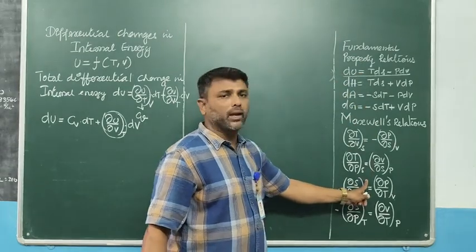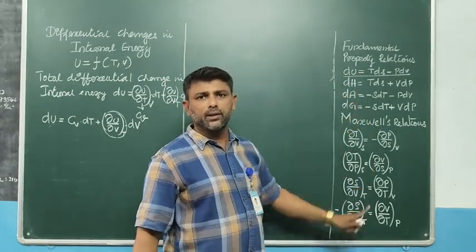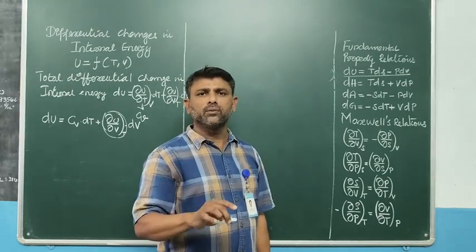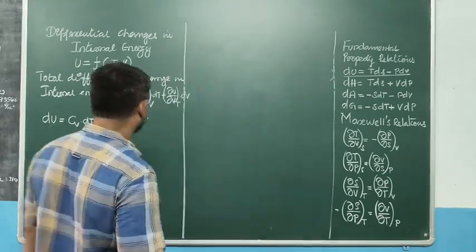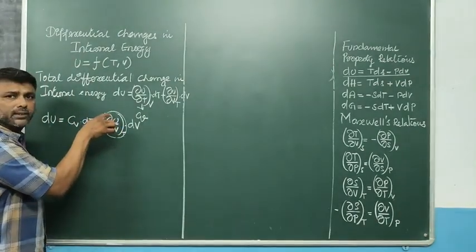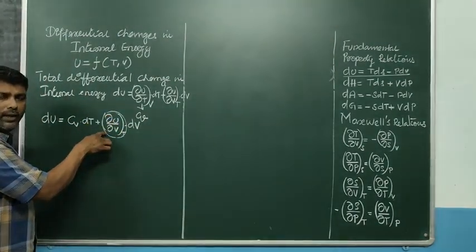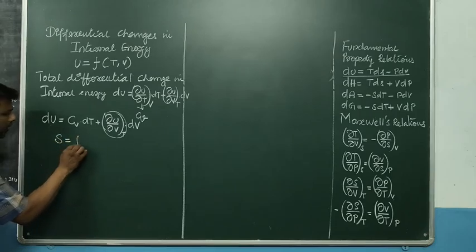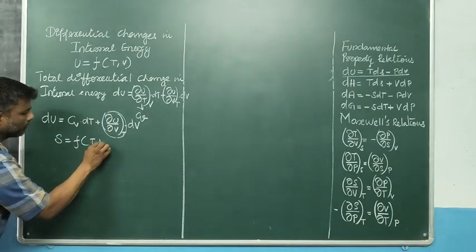using fundamental property relations as well as Maxwell's relation. For application of these two, again entropy is assumed to be a function of temperature and volume. In order to replace this (∂U/∂V), I am going to assume entropy S is a function of temperature and volume.